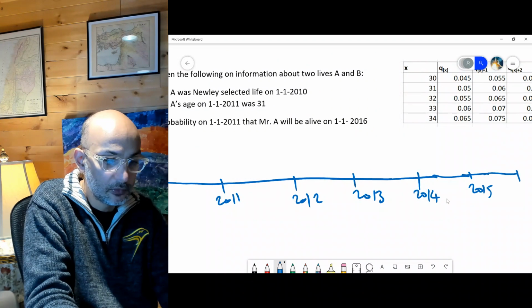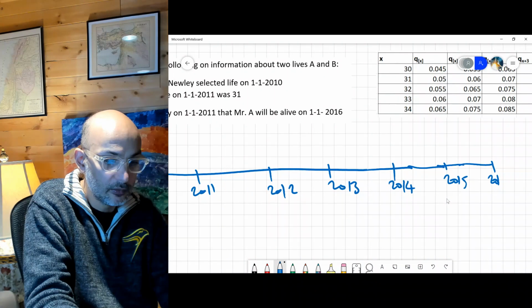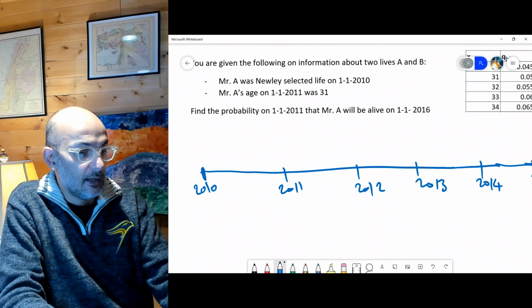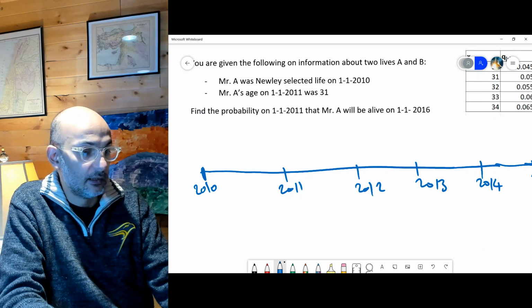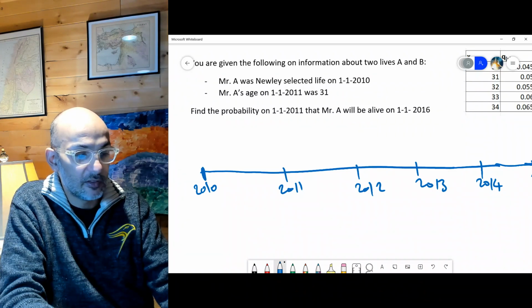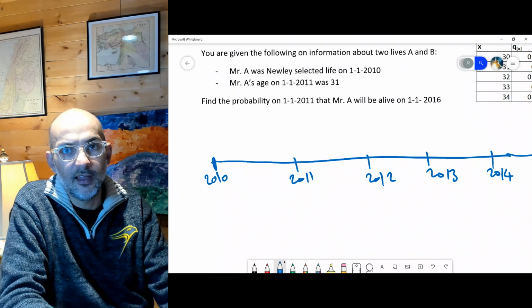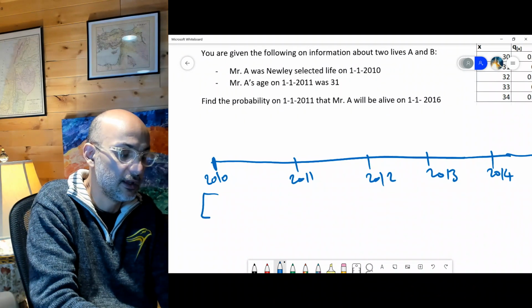So Mr. A was selected on 2010. In 2011, he was 31. So he was selected at age 30.